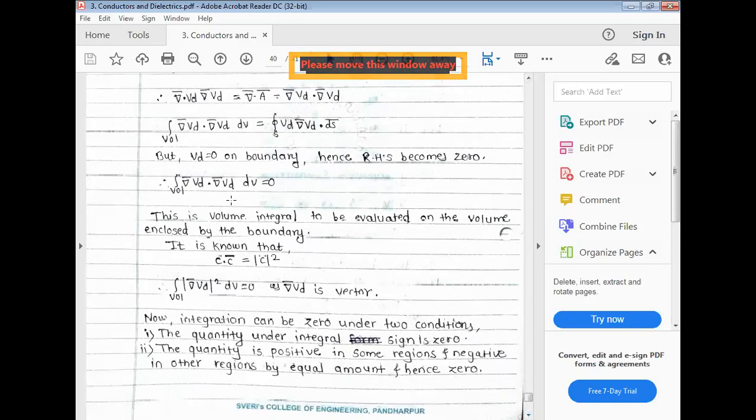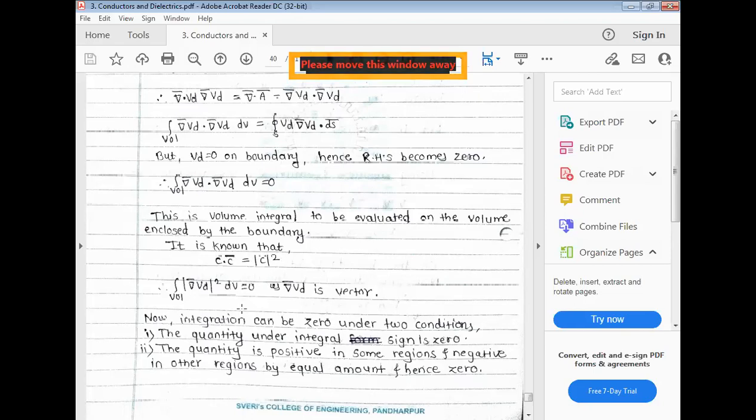Now this is a volume integral, to be evaluated over the volume enclosed by the boundary. So we know that when we take the dot product of any two vectors, that is C bar dot C bar, it is equal to mod of C square.